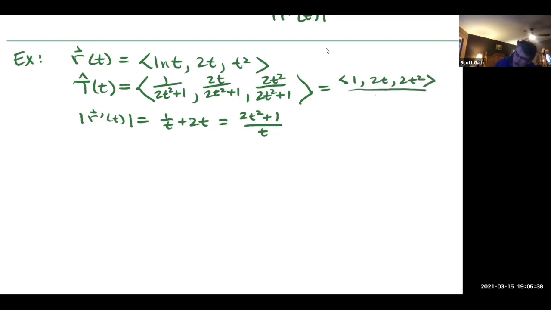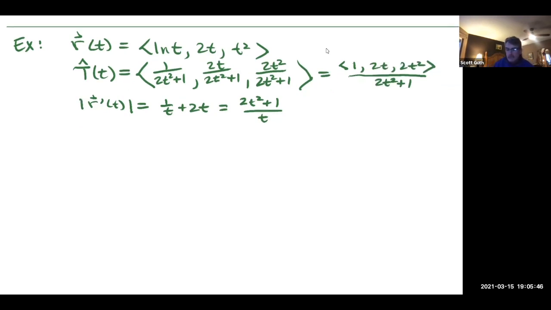It's easier to work with like this because we can use sort of a vector form of the quotient rule if you're dividing by a scalar function, where you do the derivative of the top times the bottom and so on. So that's what I'm about to do. I'm going to do d over dt of T.